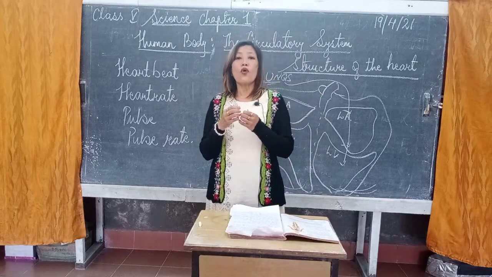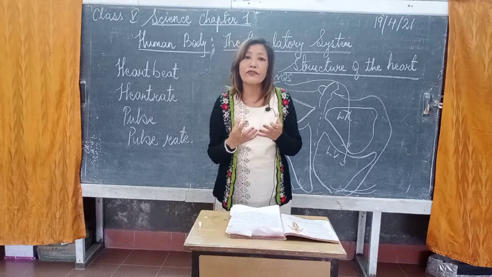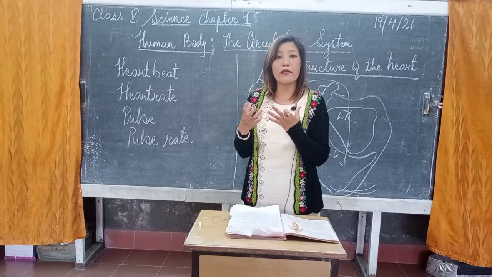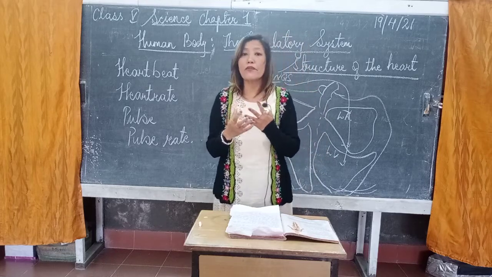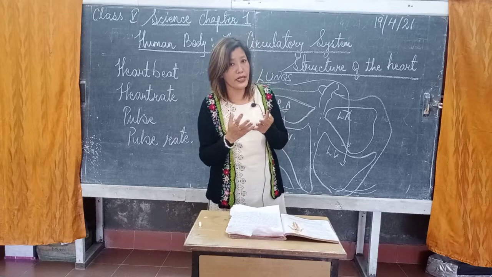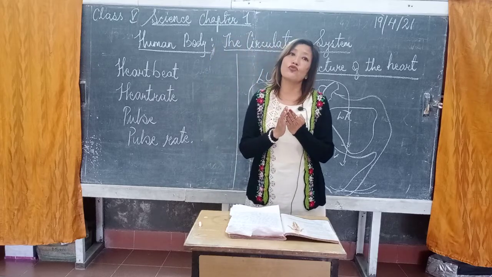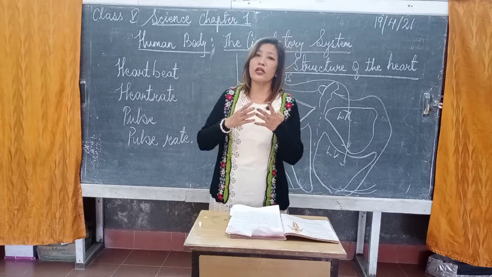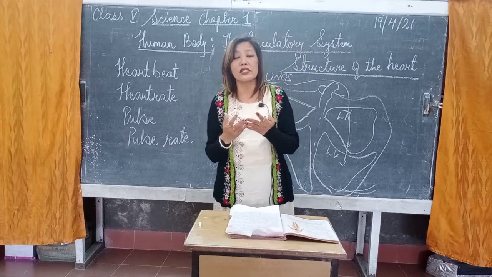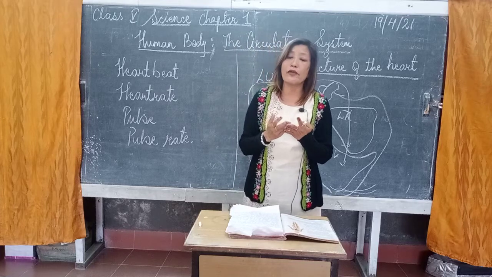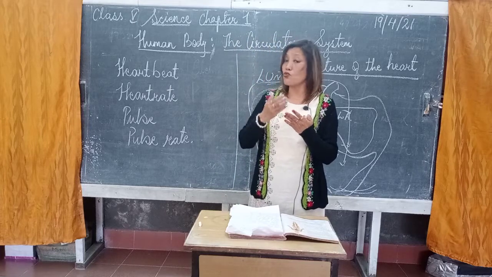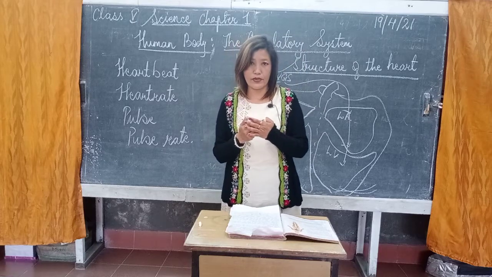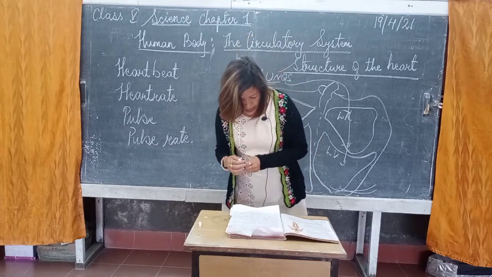What is the number of heartbeats in 1 minute? The normal heartbeat of an average, healthy person is 72 times per minute, which means in 1 minute our heart beats 72 times.